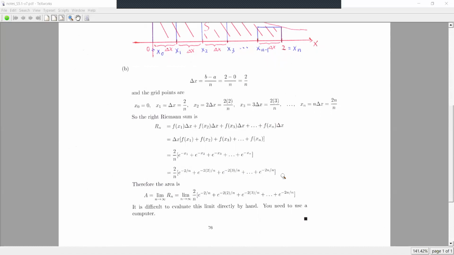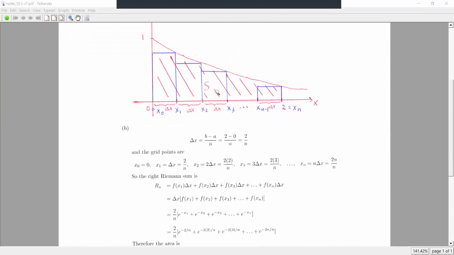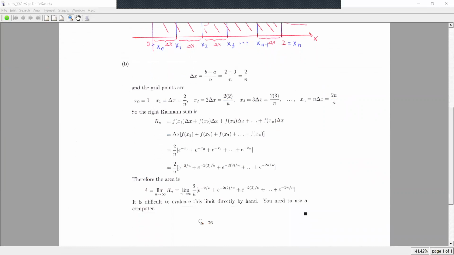Okay, now the area of the region. The area of the region is the limit of this sum as n, the number of rectangles, approaches infinity. So the area is the limit as n approaches infinity of the right Riemann sum Rn.